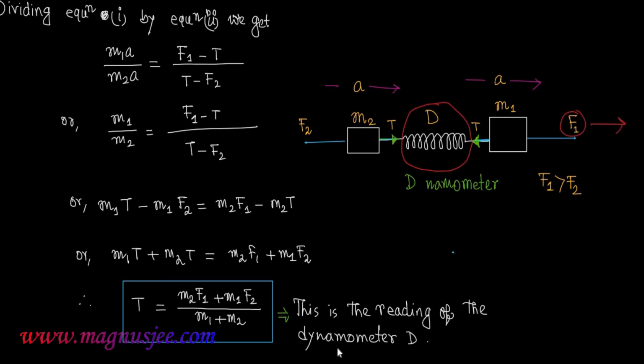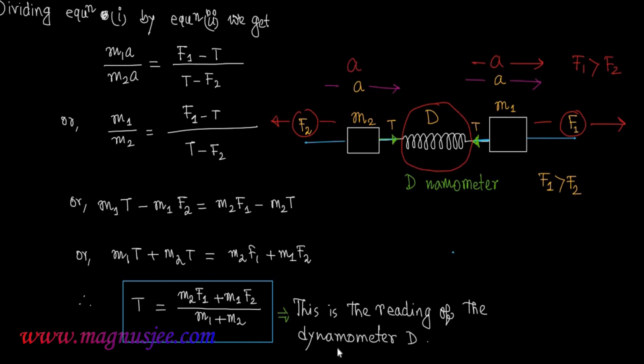If a greater force F1 acts towards right on the dynamometer and a smaller force F2 acts towards left, such that F1 is greater than F2, then the two blocks will be moving with the common acceleration A in the direction of the greater force.